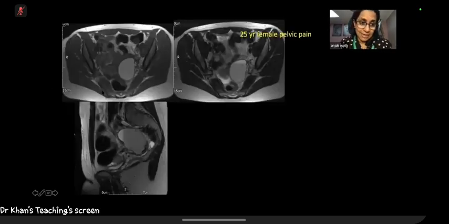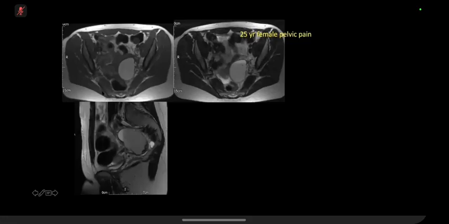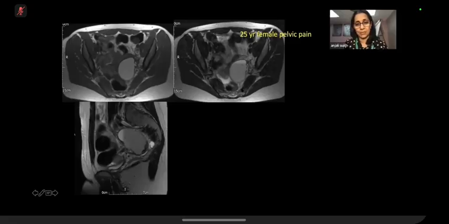Candidate 4 again. So these are representative slices of an MRI scan. The top left image is a T1 image, which shows a high signal intensity lesion which is fairly well circumscribed in the left adnexa, more towards the rectum. In the second image, there's a fluid level. What sequence is it?